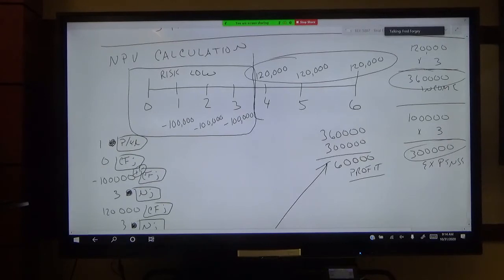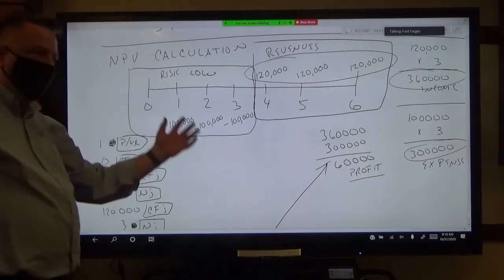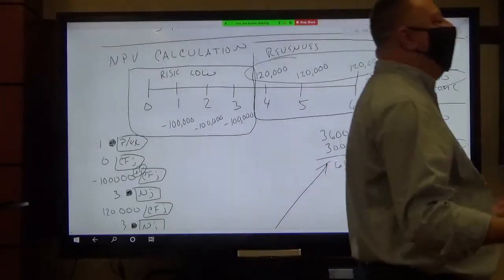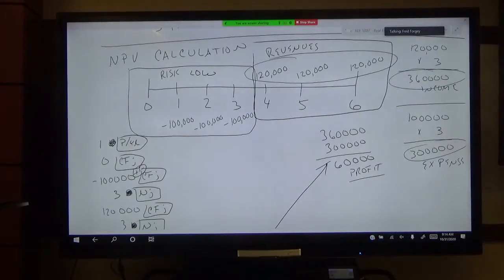Whereas over here, these are revenues. Revenues, as a general rule, are not as certain because they're dependent on a lot of additional outside factors. For example, you have tenants that may not pay their rent, which is a big one. You may have challenges keeping the property leased or getting it leased to begin with.